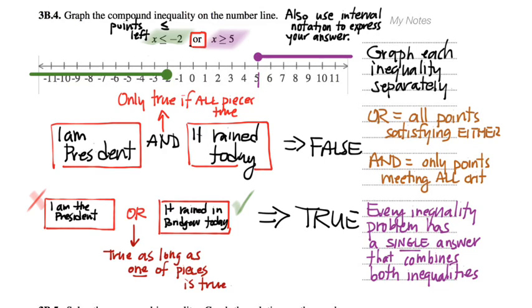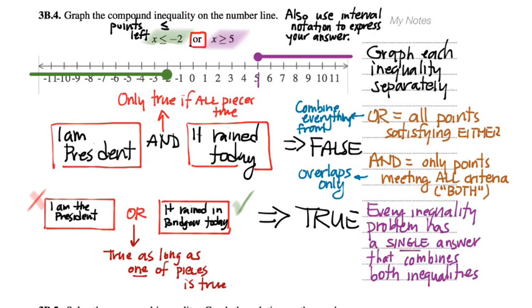Since our compound inequalities are generally only going to consist of two separate inequalities, you might think of the word "both" here instead of "all". But in general, if we had more, we would require that they met all criteria. And then, just for the sake of shorthand, in an "and" statement, we tend to look for the overlaps only. We're going to look for the places where those two intervals overlap one another, whereas in an "or", we just combine everything from each.